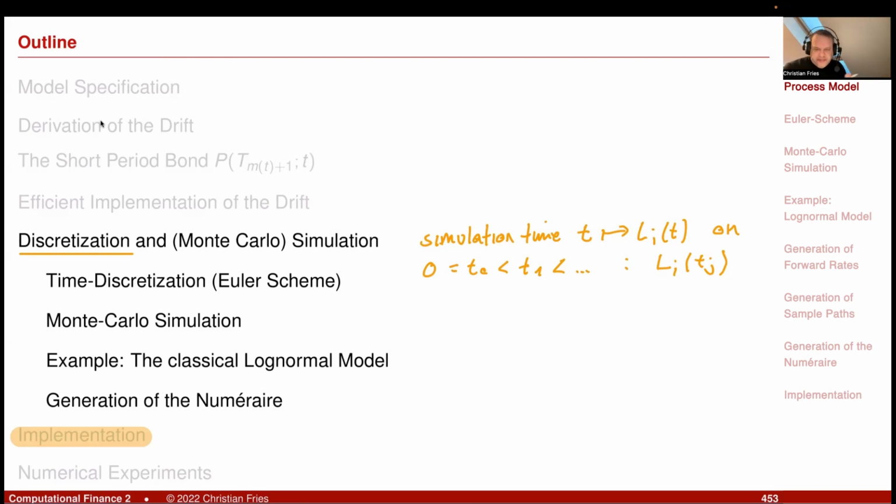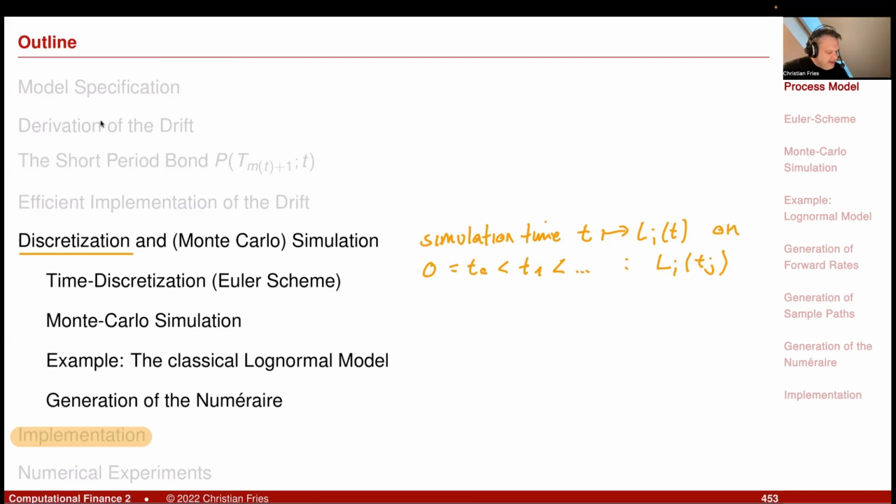This limits a little bit when we observe fixings of the forward rates. Note that due to our numeraire, the tenor discretization, so the index i, limits a little bit when we can perform payments because we know the numeraire only at these points.